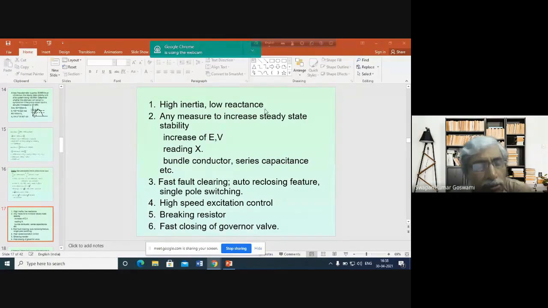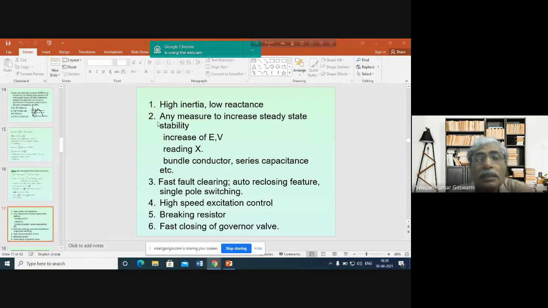The machine can swing through a larger angle, and since it can swing through larger angle, more time will be available for the control system to be applied for maintaining the stability. That's why low reluctance of the system will help in improving the transient stability of the generator.